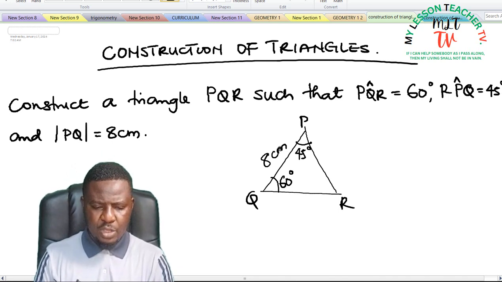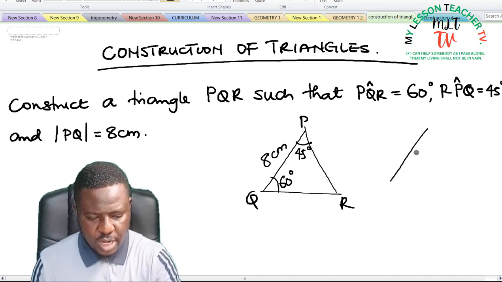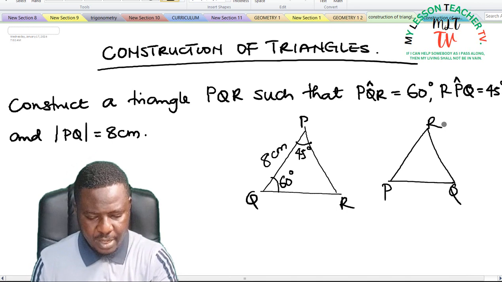So you can equally take your triangle to be this way, where you call it P, Q, and R, and we have it that PQ is given as 8 centimeters, angle PQR is 60 degrees, this is 45 degrees.